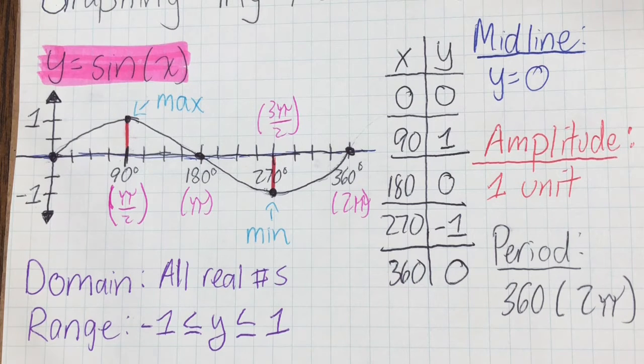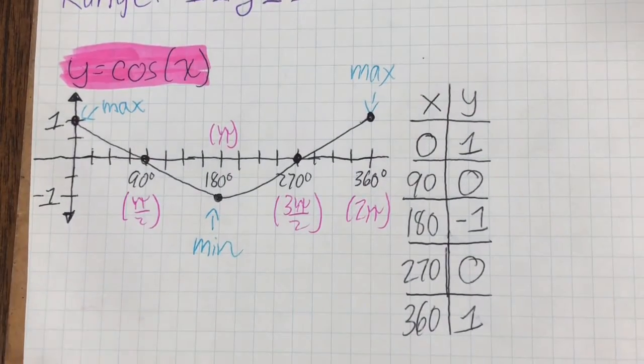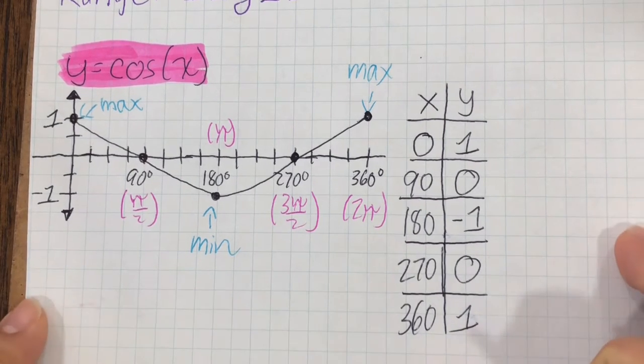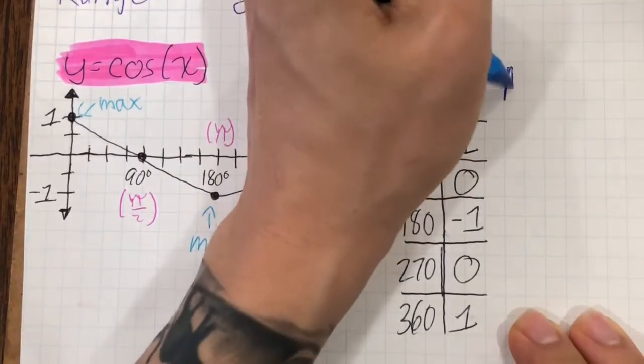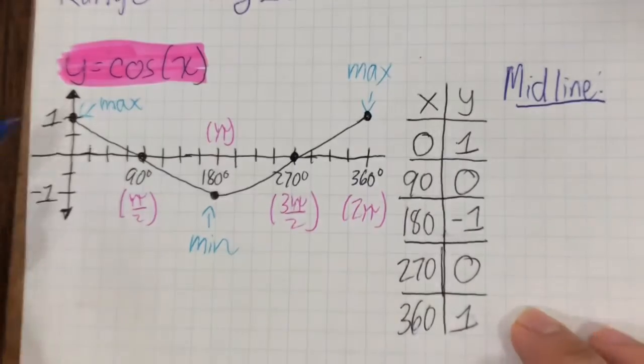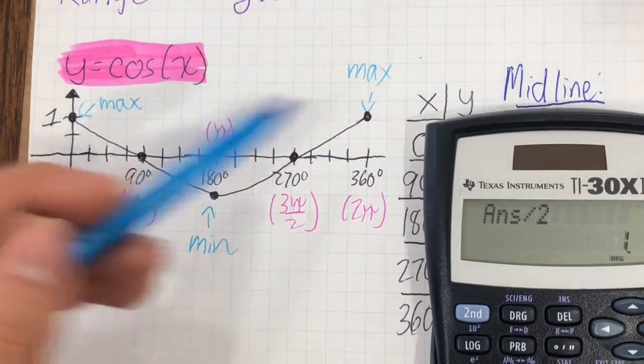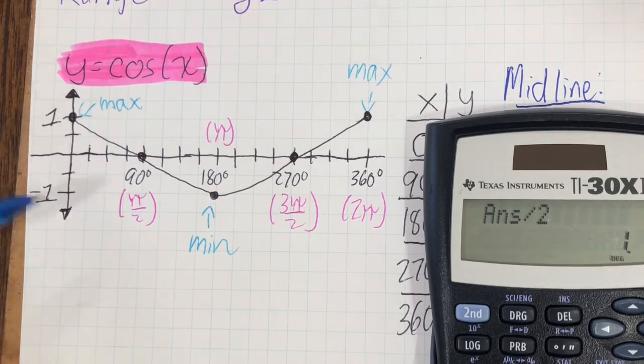Now, for cosine, even though the two graphs look a little bit different from each other, their characteristics might be the same thing. All right, so let's go ahead and see if they are the same. So if I were to calculate my midline for this graph, I have my two maximum points, and I only need to use one of them.